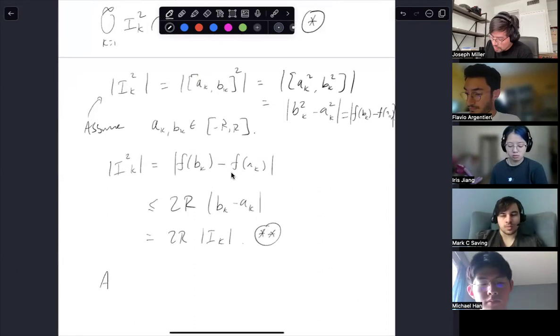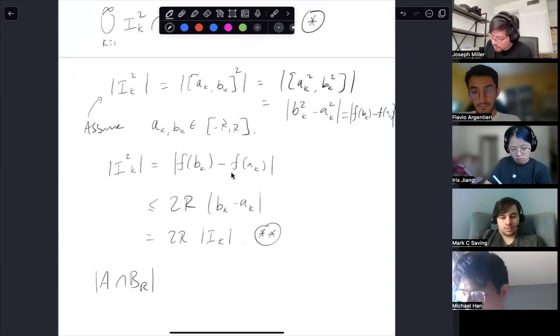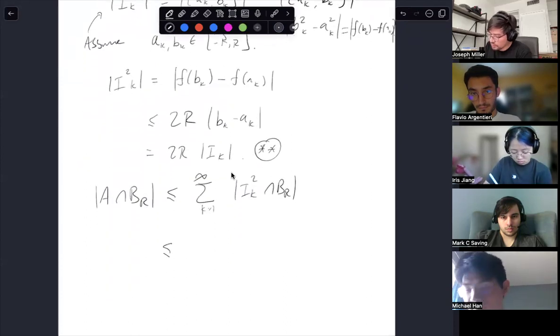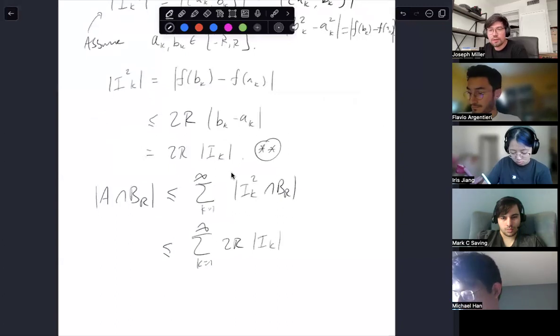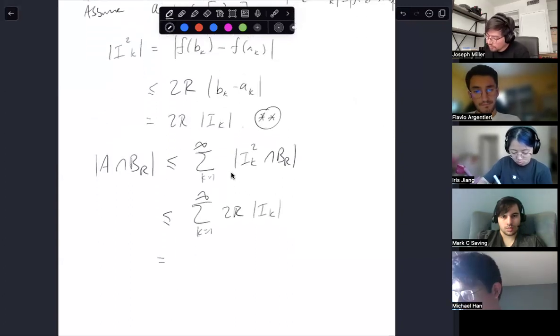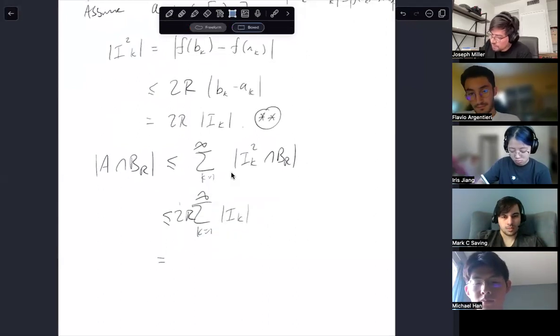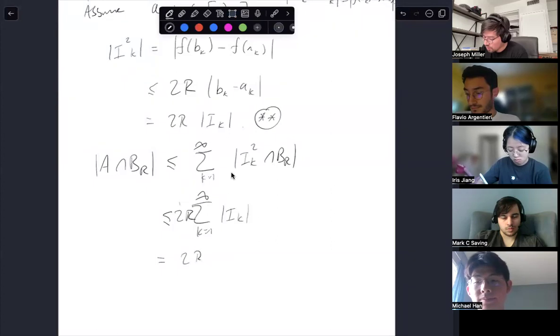So A intersected with Br is less than or equal to, by the monotonicity of the measure, the sum, k goes from 1 to infinity, of these guys, Ik intersect Br, which I know is less than or equal to the sum, k equals 1 to infinity, of 2 times r times Ik. Right, it's a really kind of brutal bound. But okay, I move this guy outside. This is going to be equal to 2r.